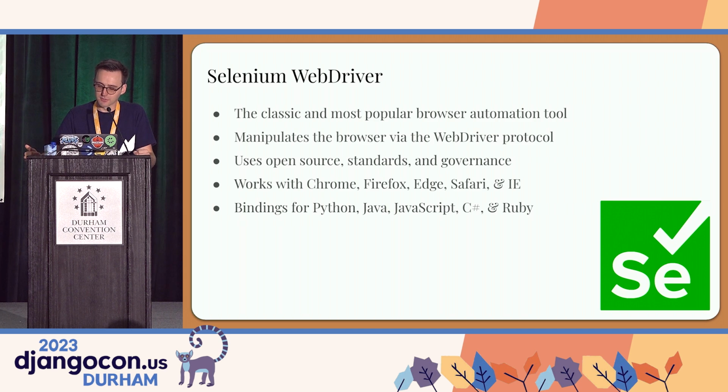Not only open standards, but it's also open governance. There's no single company that controls the Selenium project. There are a group of companies that come around and maintain, support, and put money towards it. Companies like Sauce Labs, LambdaTest, BrowserStack. My former employer, Applitools, was a major sponsor of Selenium.